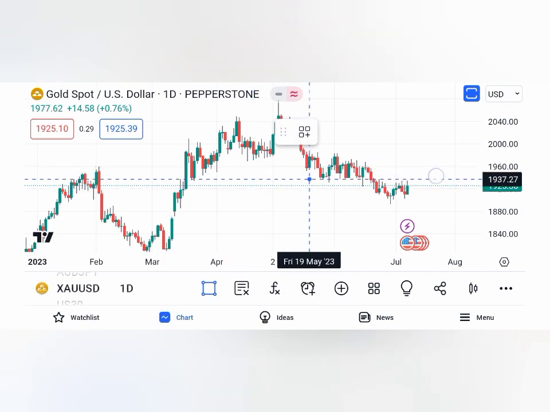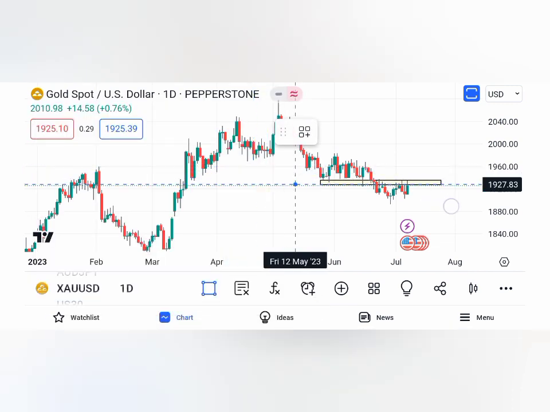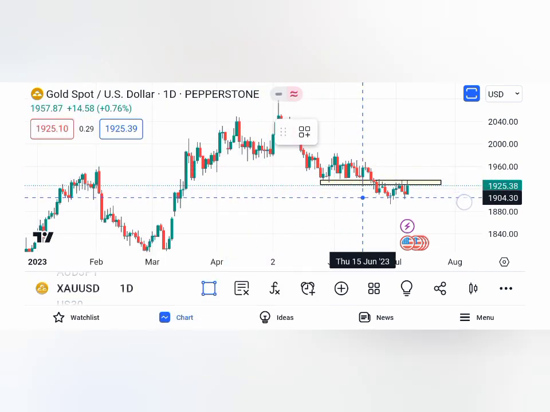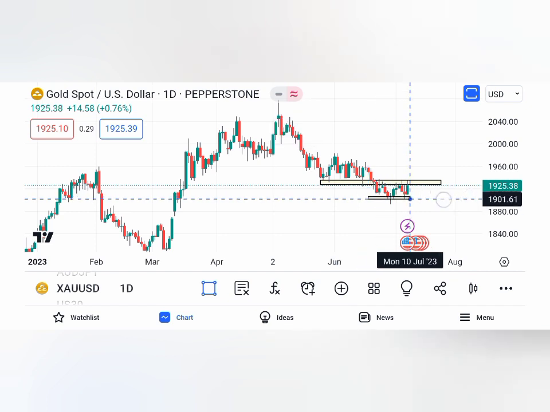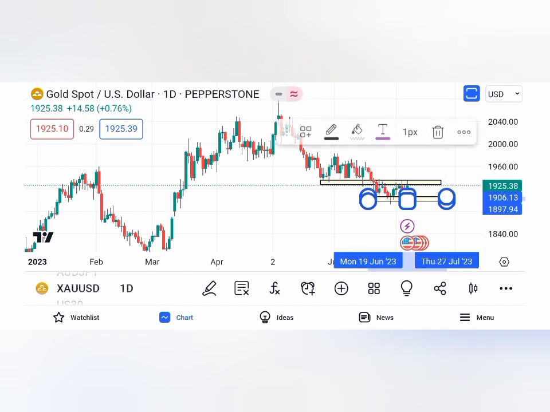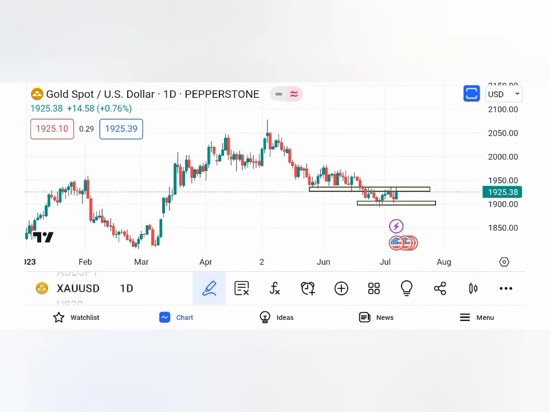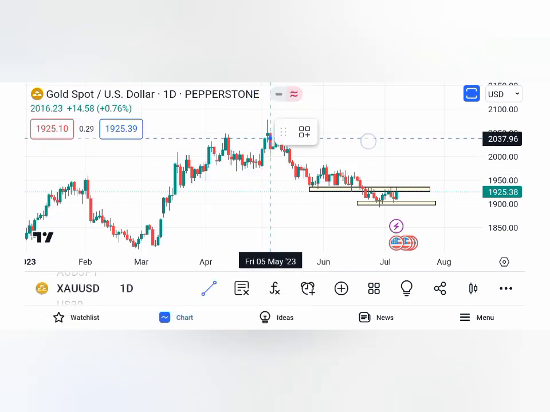So now on gold, we had a structure here. We had this beautiful structure here. And we can also spot another structure here, a key level. We had also another key level here. An important key level at this very point here. And also we can have a trend line.